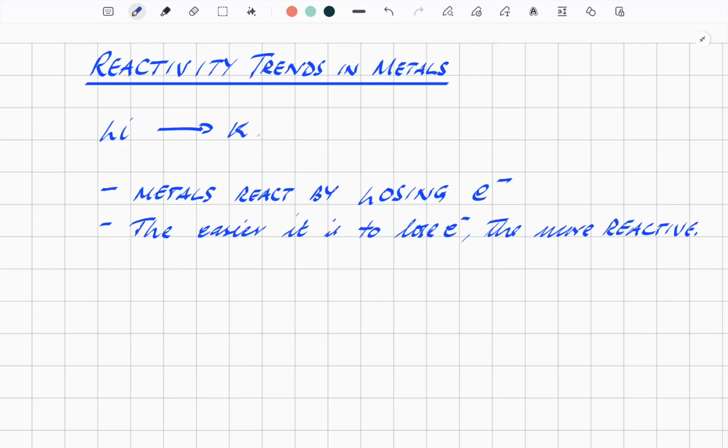Simple principle that we've already talked about. The next bit, therefore, is what decides whether it's easy or not to lose electrons. And that's the bit that we're going to talk about, what I was talking about earlier on.